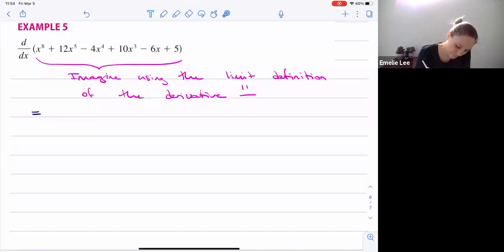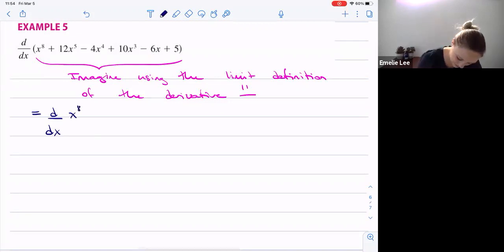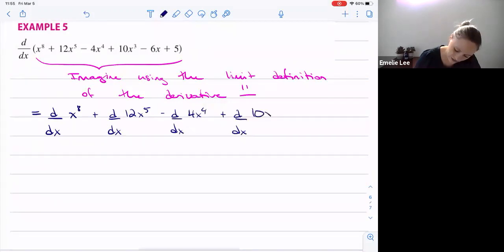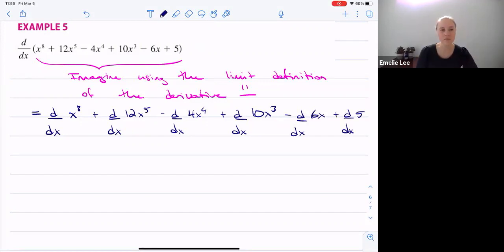Technically I'm doing lots more steps than you have to. But this becomes d/dx of x to the power of 8 plus d/dx of 12x to the 5 minus d/dx of 4x to the 4 plus d/dx of 10x to the 3 minus d/dx of 6x plus d/dx of 5.